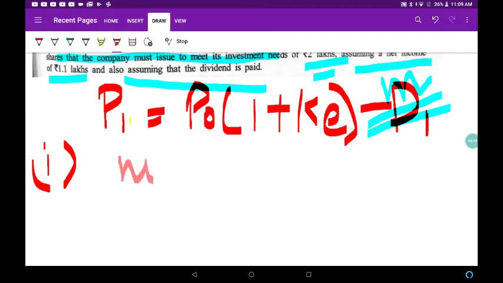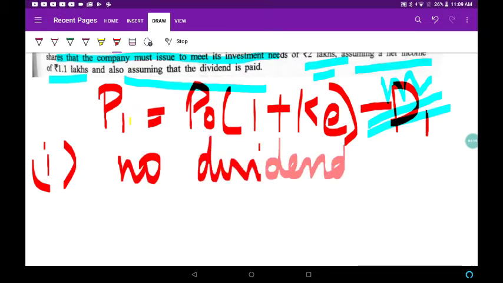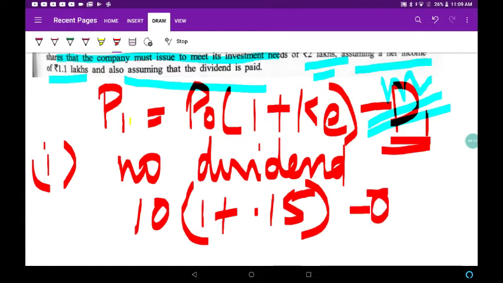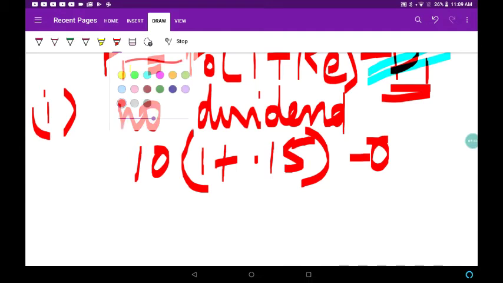No dividend. Suppose in the first case there is no dividend. So here D1 will be 0, right? So 10 is the P0, into 1 plus 0.15, which is the KE, given in the question, minus 0. Clear? It comes to rupees 11.5.